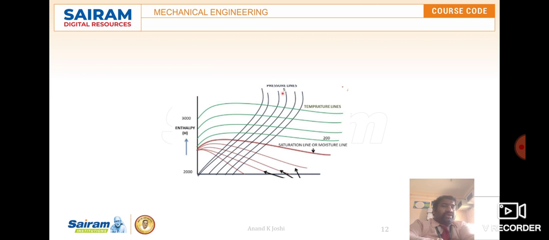So from this we understood that the quality of the steam and other parameters can be identified easily in a single graph, and it reduces time compared to doing calculations. But we can't expect accuracy, because human error will be there while identifying the values.